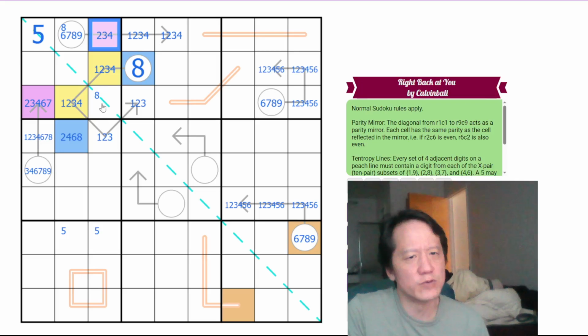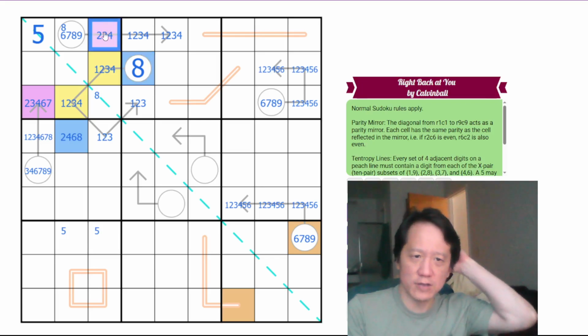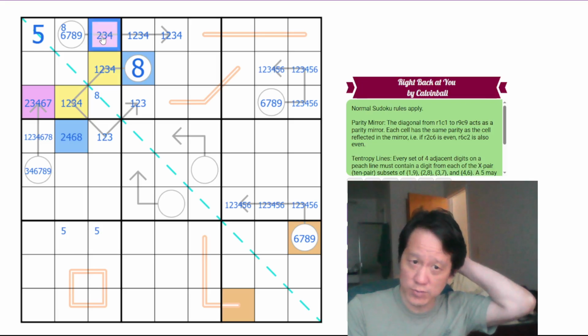I think it's this way. It can never be 1 here, right? If this is 2, 4, that forces this to be 1 and 1 to add up to 8. Therefore, this has to be not 1, so this would be 3.